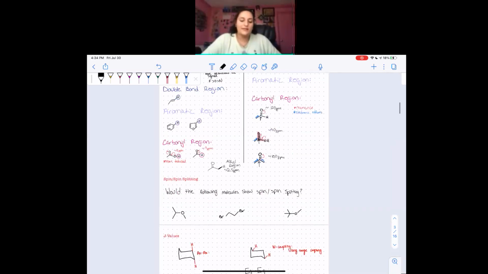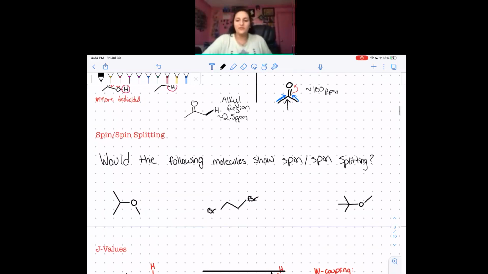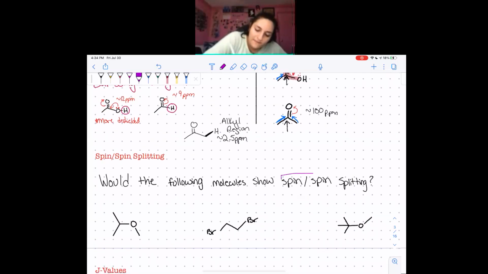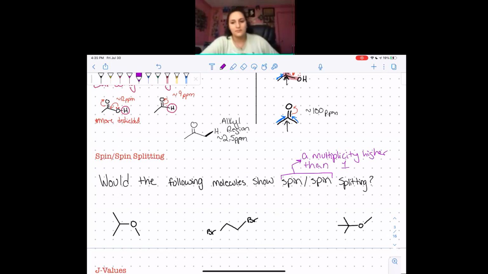As far as spin-spin splitting goes, please don't confuse this with having a spin state. Spin-spin splitting simply means a multiplicity higher than 1, so anything that's a doublet or beyond.